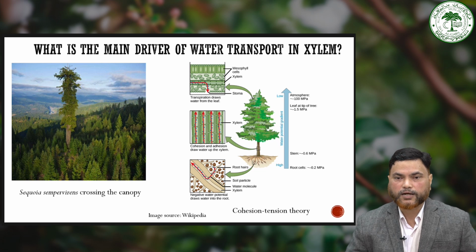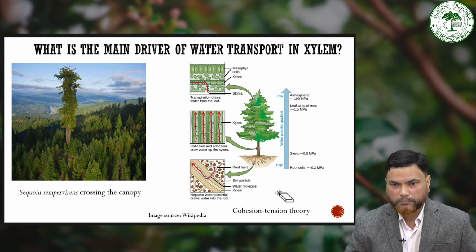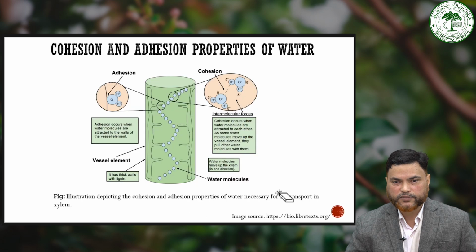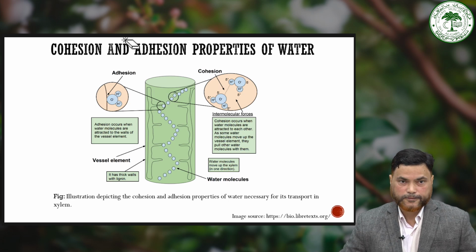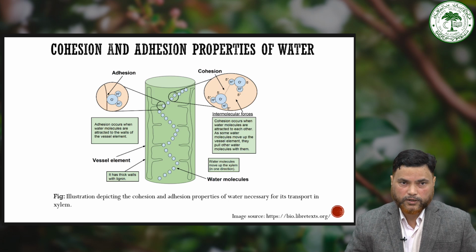It generates a negative pressure of around -2 megapascal at the leaf surface, which is strong enough to lift water in tall trees. Now, we will try to understand what the cohesion and adhesion properties of water are.